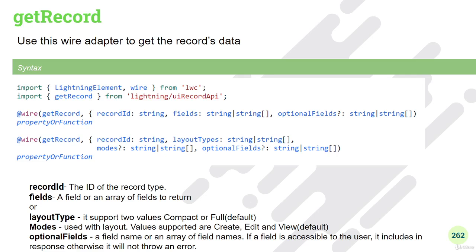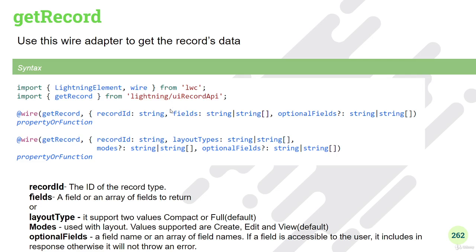And a very interesting property here that can be passed with both the fields or with the layout type is optionalFields. In optional fields, we pass a field for which we are not sure whether the user has access or not. Suppose there is an age field and we pass that age field with the fields, right?